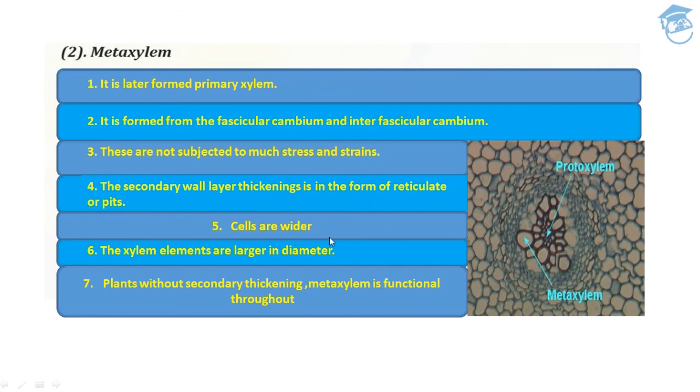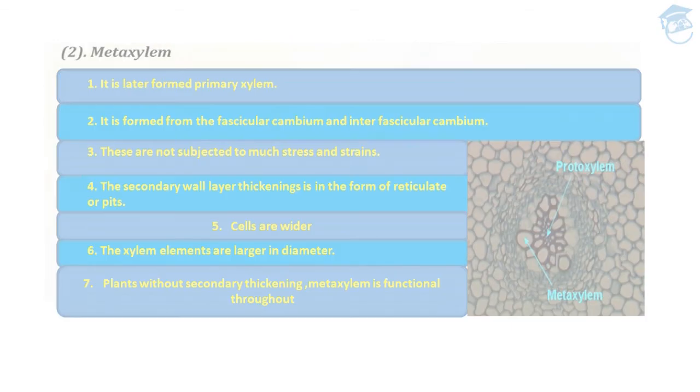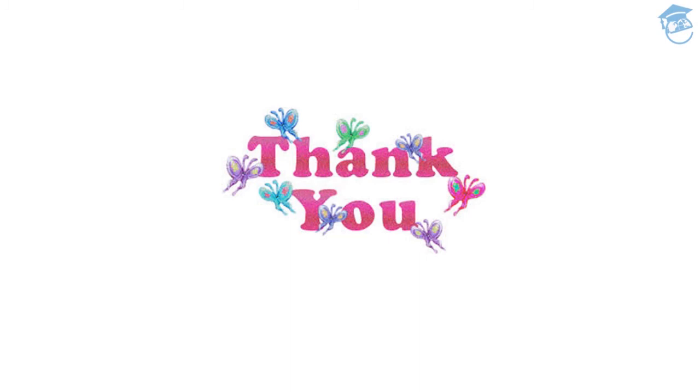Cells are wider, as you can see in the metaxylem. The xylem elements are larger in diameter. Just compare this cell and this cell. This cell has a very small diameter in comparison with this one. So metaxylem has a larger diameter, and in plants without secondary thickening, metaxylem is functional throughout. So this was all about it.